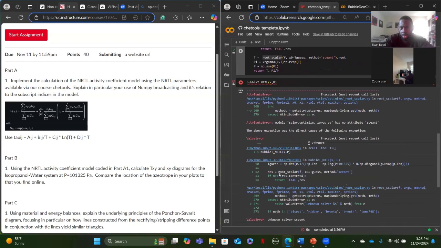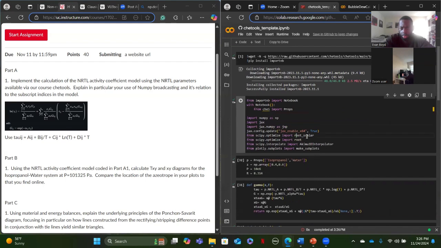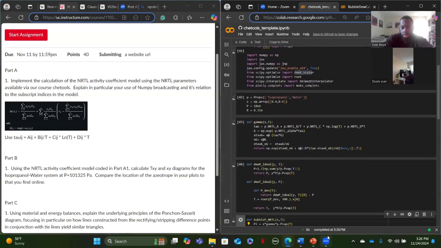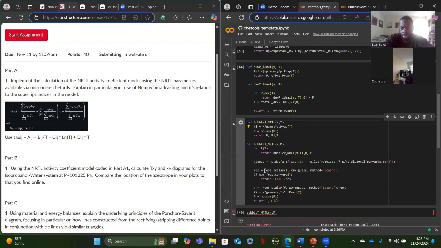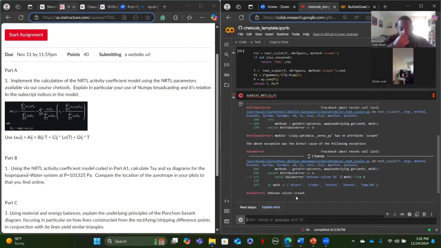And it's for which one? For res. We have root scalar here. I don't know why it's not working up here. Maybe it should enter. Make sure. And I'm pretty sure it's the exact same thing. Root scalar. Yep. Unknown solver, secant.